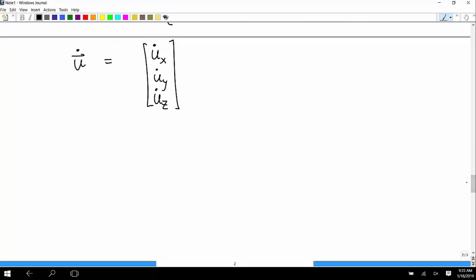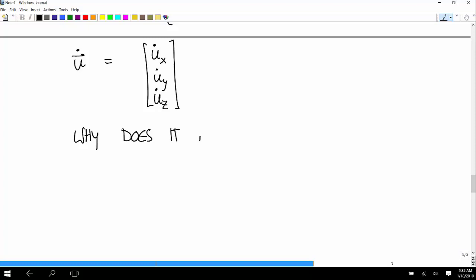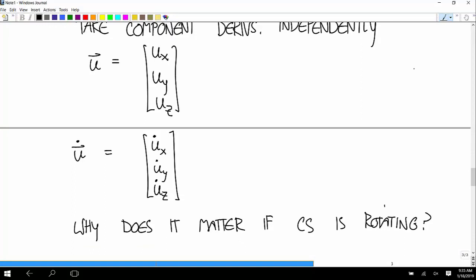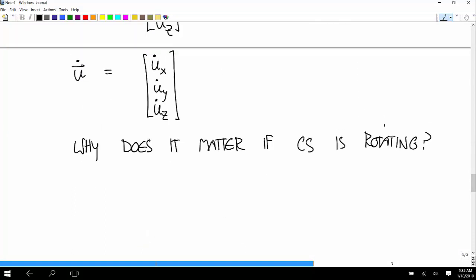Why does it matter whether the coordinate system is rotating? This is kind of just to put in the back of your brain for later. Well, this way of writing u, remember, means the same thing as this.